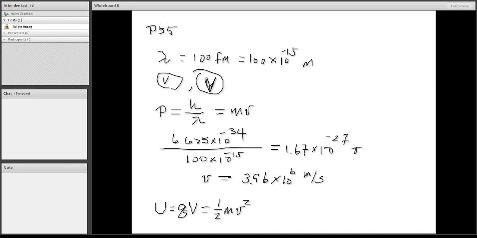So in this case, your electrical potential is simply equal to mass of the proton times velocity squared and then over 2 times q. Okay, and the charge of a proton is the same charge as the electron.